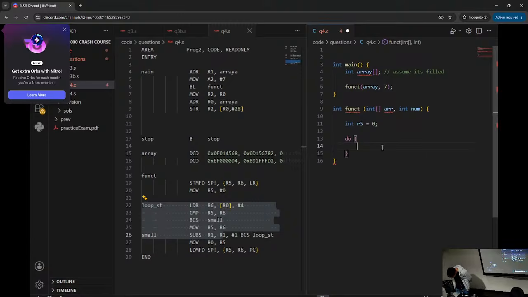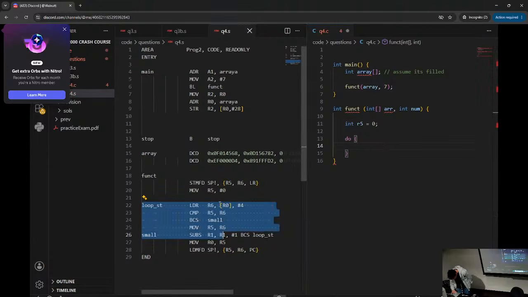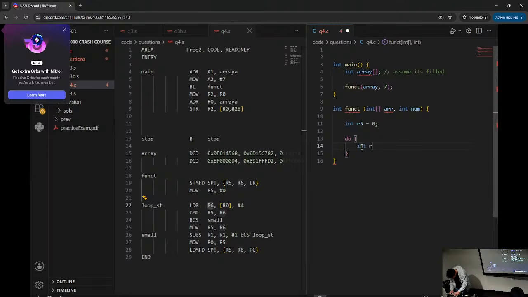Now, let's look at what happens next. We are loading in R0 and 4. What is R6? So we're doing something like R6, and we're loading in the value of R0. R0 was the array, right? So it looks like we're loading in the value of the array plus 4. So the address plus 4.